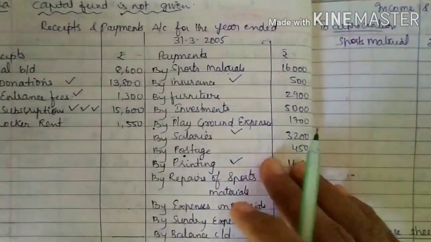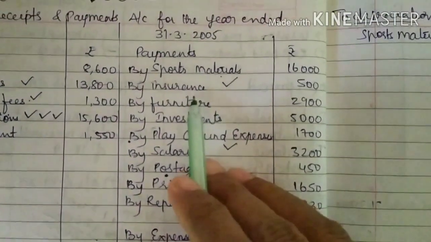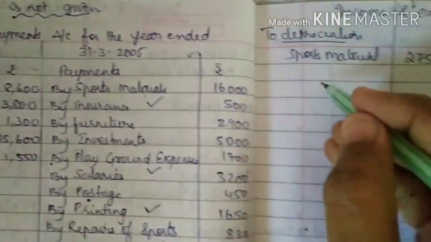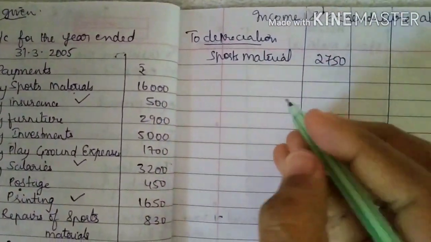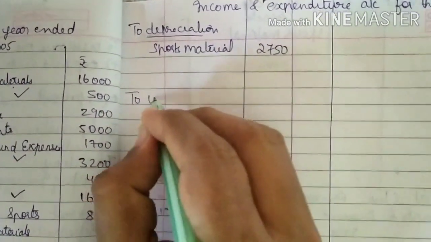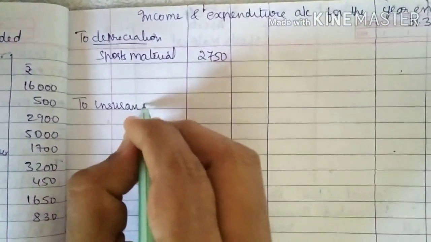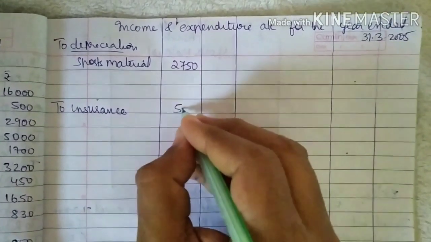Then we have insurance. Insurance is an expense. So we write here to insurance, which is 500.